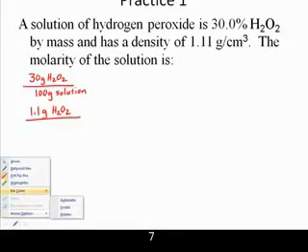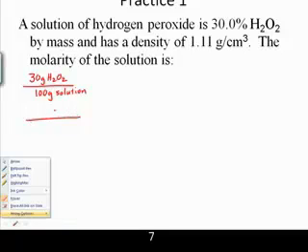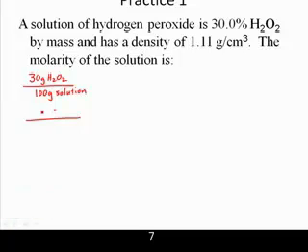That's the solution density. Let me erase that. So that says 1.1 grams of solution is equal to, and cubic centimeters and milliliters are the same, so 1 milliliter of solution. That's what we're given.